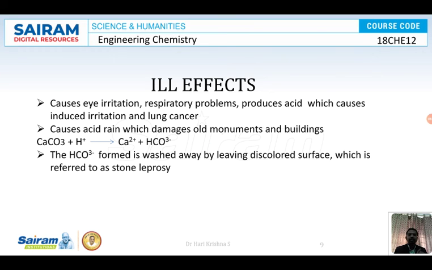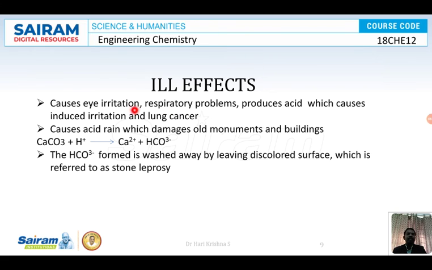So what are the ill effects caused? Any pollutant mainly damages the lungs. It affects bronchitis. Later it causes irritation, it causes tuberculosis, and it may lead to cancer also.